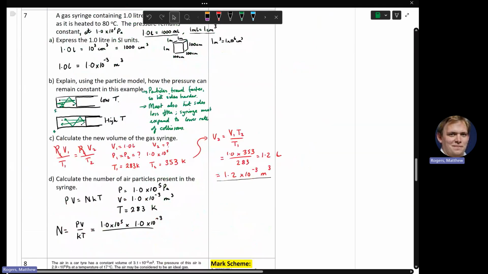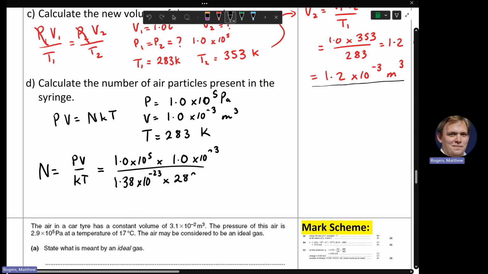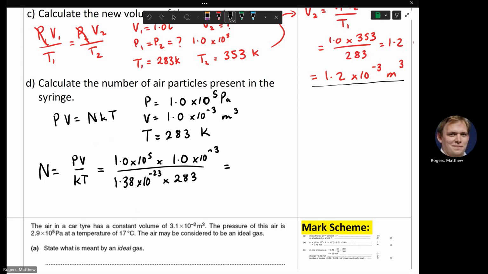There we are. 1.38 times 10 to the minus 23 multiplied by the temperature, 283.